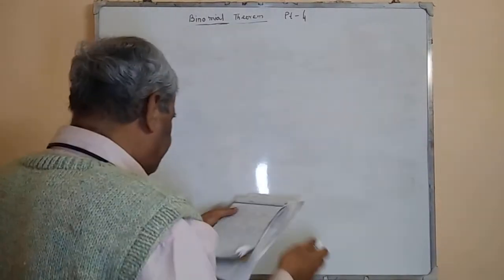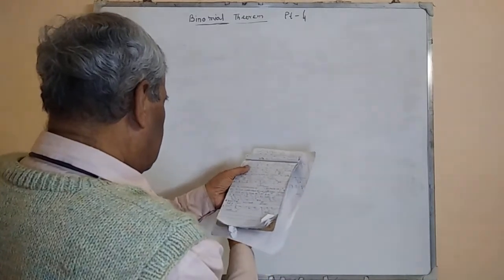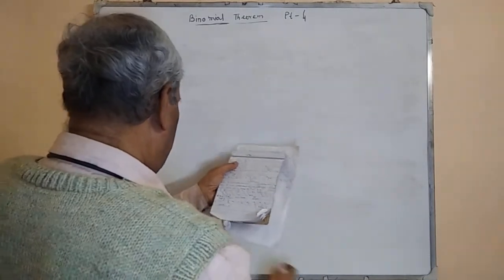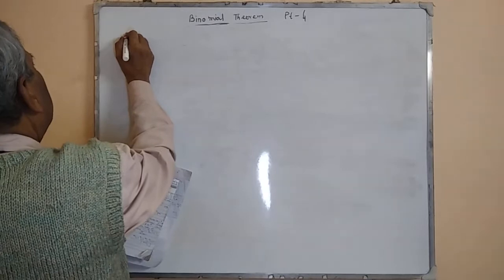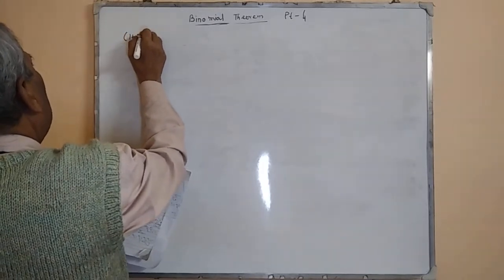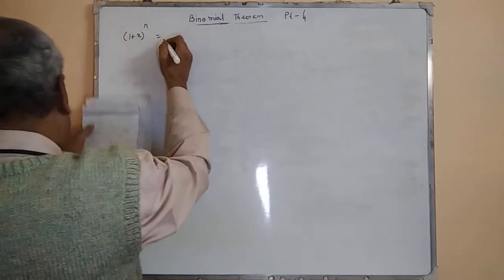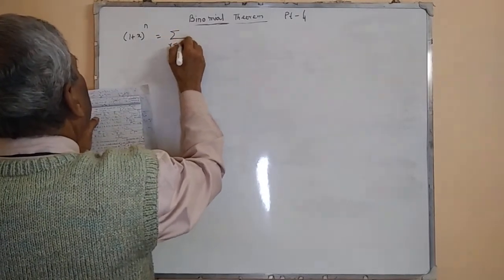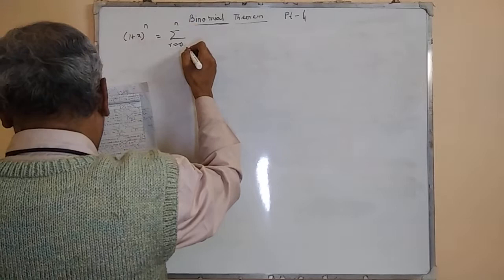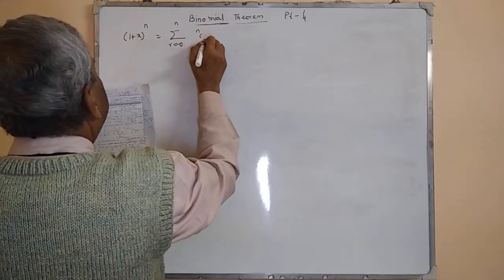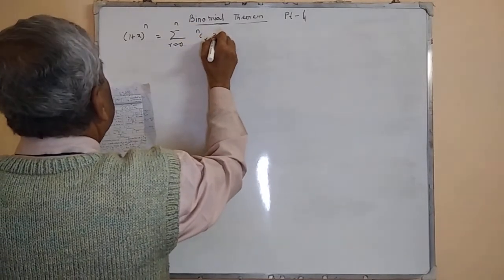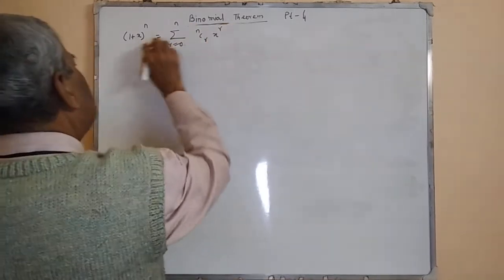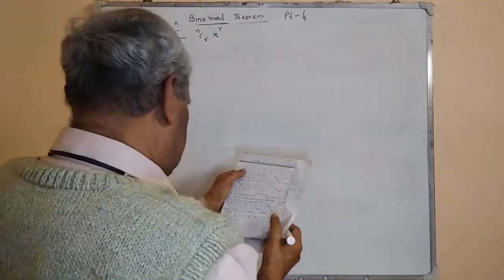And that problem is: if the same thing is given, 1 plus x to the power n is equal to sigma r equals 0 to n nCr into x to the power r. This is the standard binomial expansion.